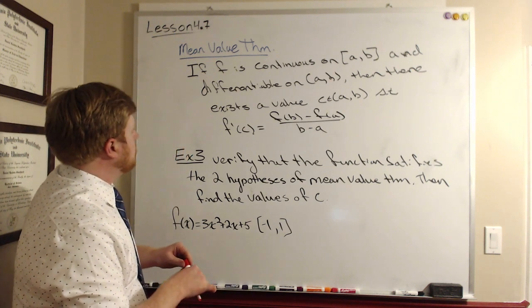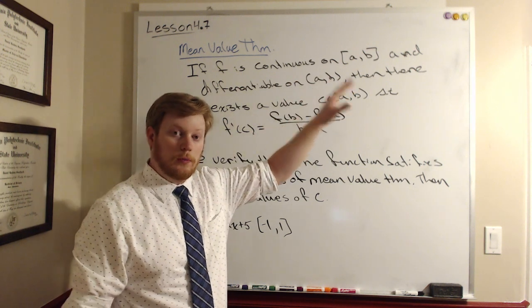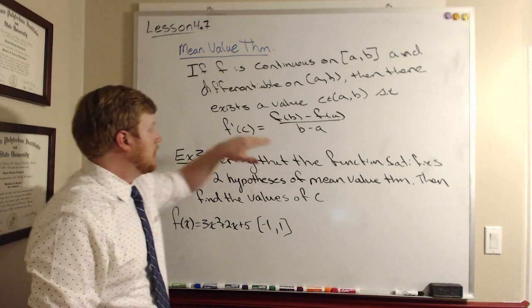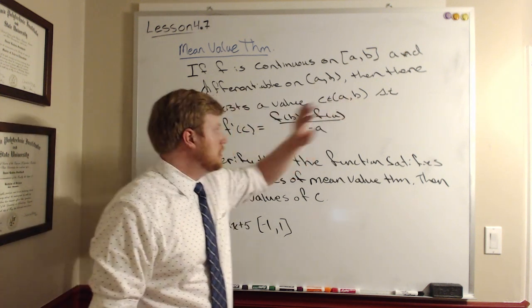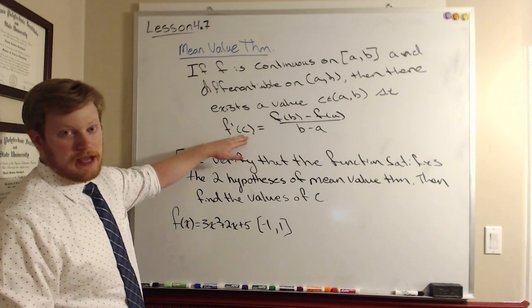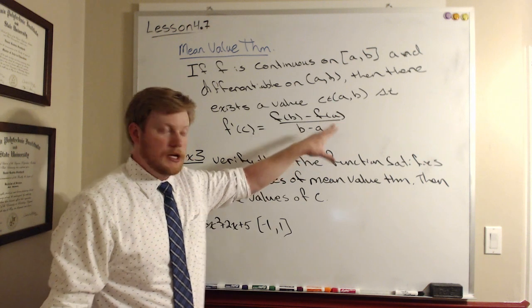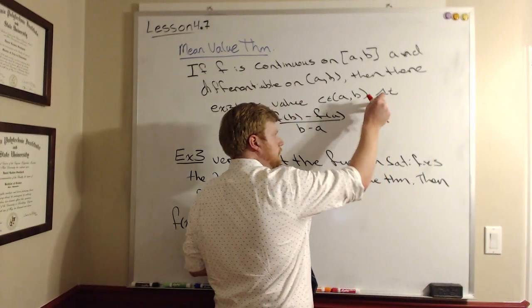So the mean value theorem says that if f is continuous on the closed interval a to b and differentiable on the open interval a to b, then there exists a value c on the interval a to b such that the derivative of f at c is equal to the average rate of change of f on the interval a to b. Now, what does that look like graphically?